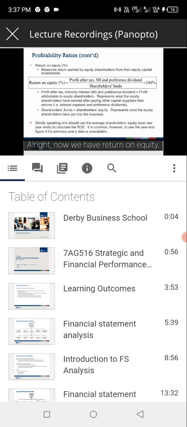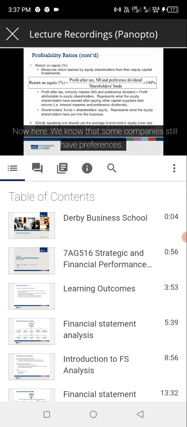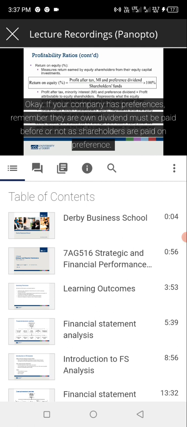Then we have return on equity. So here, you are looking at profit after tax, minority interest, and preference dividend. Now, here, we know that some companies still have preference shares. Okay?